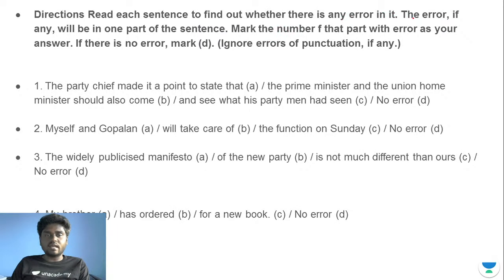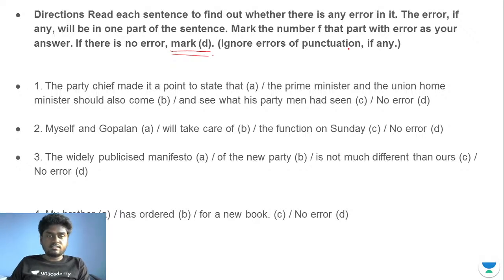If there is an error, you need to specify in which part the error is. We'll have 4 parts, A, B, C, D, in a sentence. If there is no error, you need to mark D. You need to ignore errors of punctuation and the like, if any.